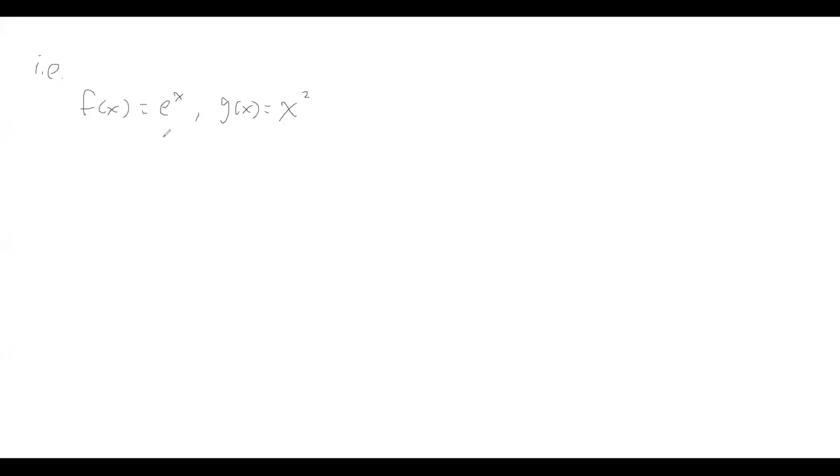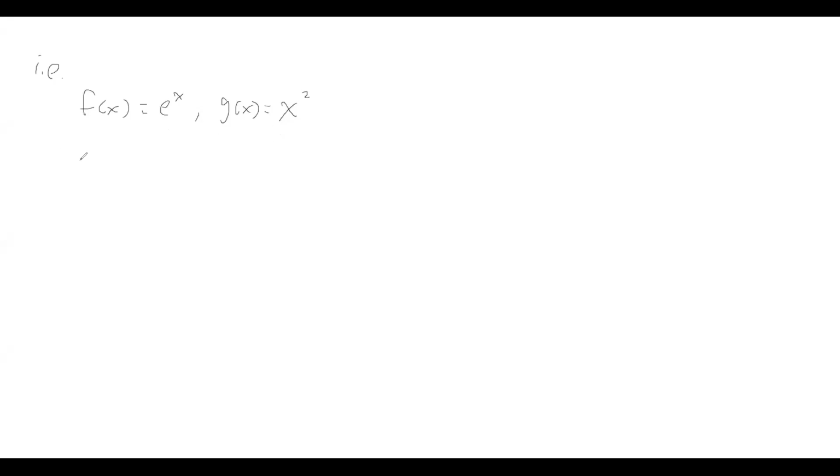Now let's just take a look at the first part. Suppose we have these two functions, f of x is equal to e to the x, and g of x is equal to x squared. Now we know that they are both increasing, and we know that e to the x grows faster than x squared.